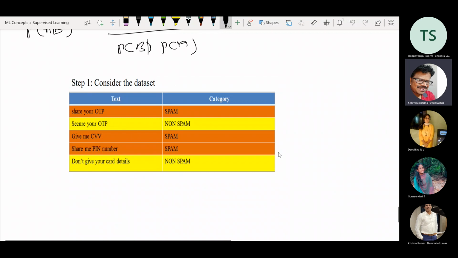So this is probability of B given A. Now what I'm observing is how many spams are there? Three times spam occurred. How many words are there, friends? One, two, three, and as well as 4, 5, 6, 7, 8, 9, 10. So spam equals 10.